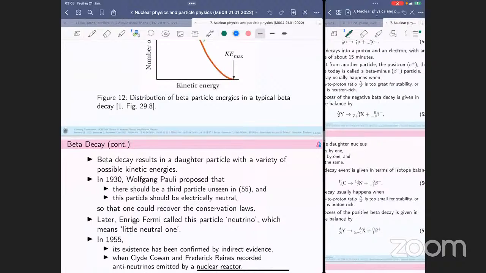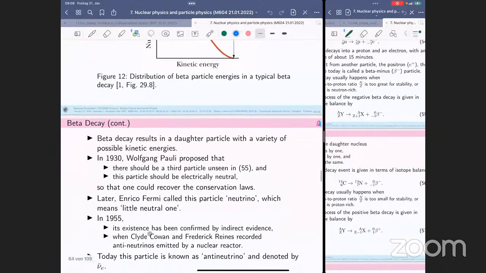Okay. Next one we consider, in 1935, in 1955. After Wolfgang Pauli suggested that there should be an additional particle, Enrico Fermi said these particles should be called, because he lives in Italy, right?